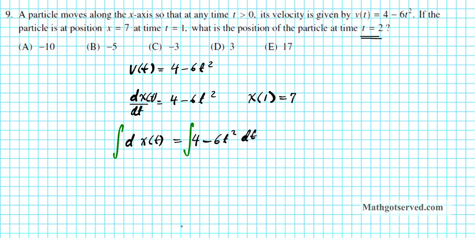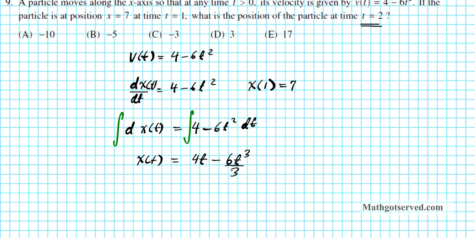And then you have the position function x of t is equal to, using the power rule for integration, term by term integration, 4t minus 6t to the third over 3. Okay, let's not forget the plus c. So this is our position function. Simplify it a little bit more: x of t is equal to 4t minus 2t to the third plus c.